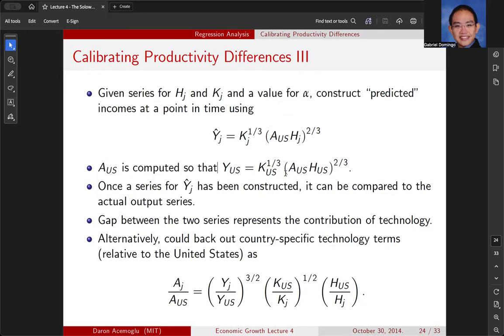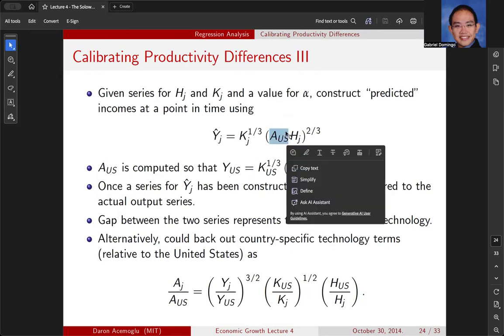Okay, so once you're able to do that for all countries, including the United States, where all other countries, not the United States, use their own capital, their own educated labor force value here, but they use instead the US TFP.